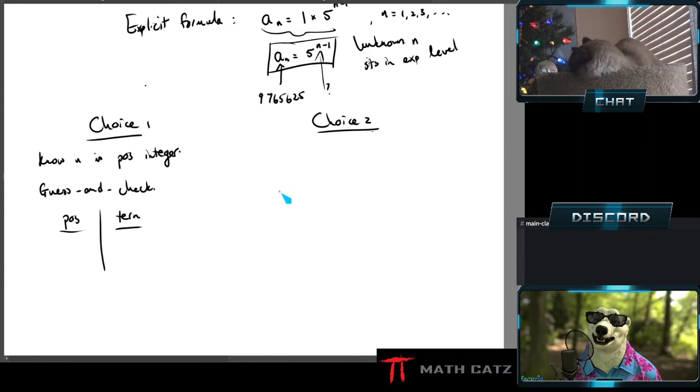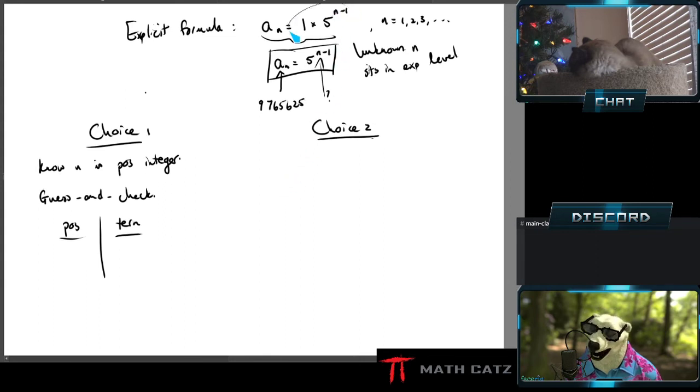Because the explicit formula tells me exactly how to calculate it. The explicit formula tells me whatever position you're interested in, plug it in there, calculate the term, and that's what you're going to get. Now I have a target for what I'm trying to get.